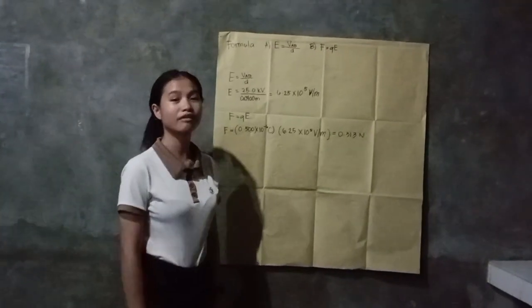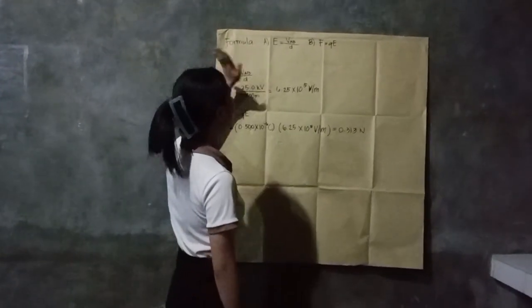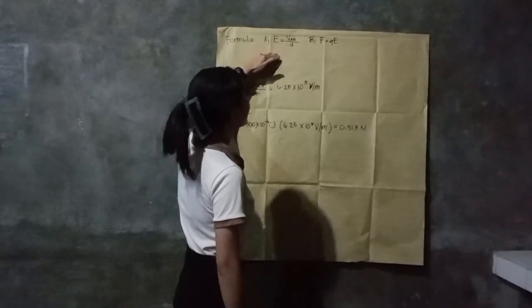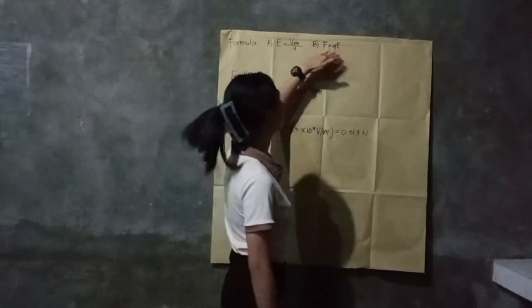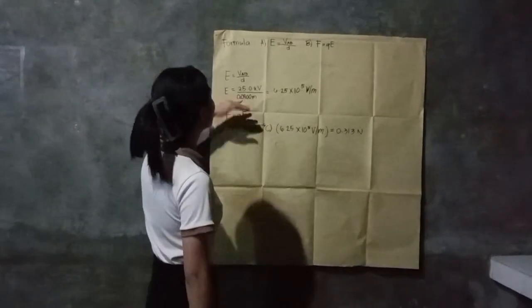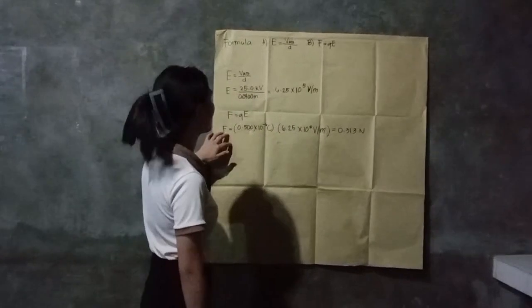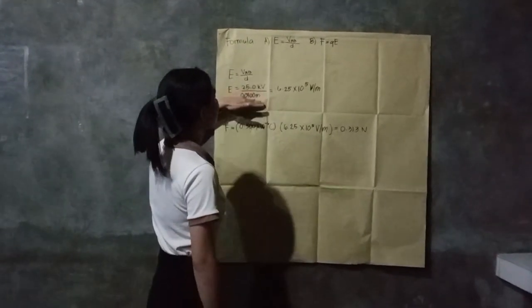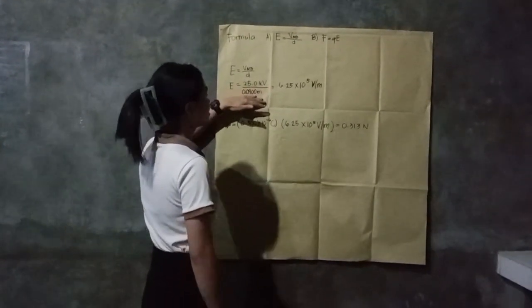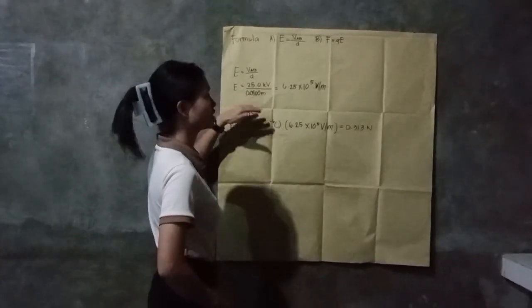Since we have problems A and B, these are now the formulas. We have the A formula and the B formula. In the A formula, E is equal to voltage AB over distance. So our voltage AB is 25.0 kilovolts over our distance.